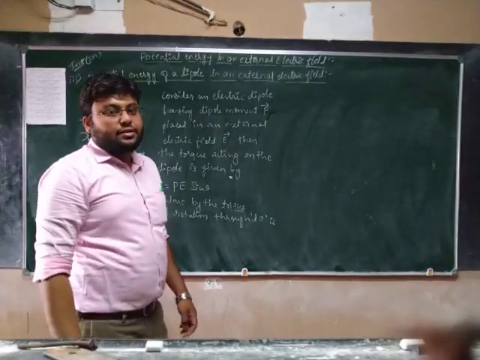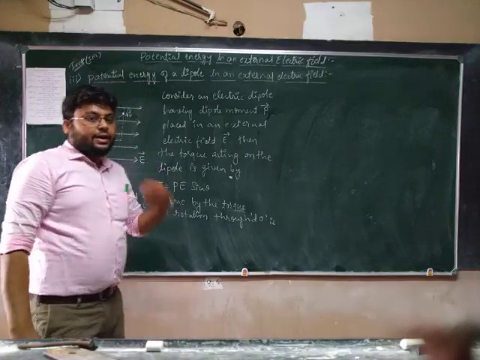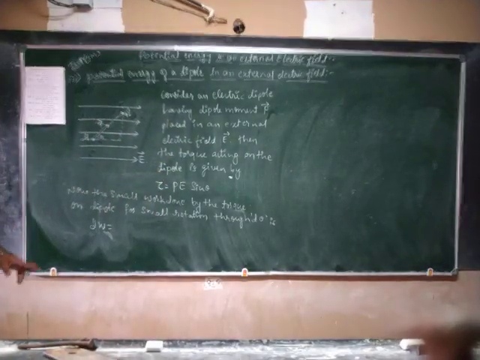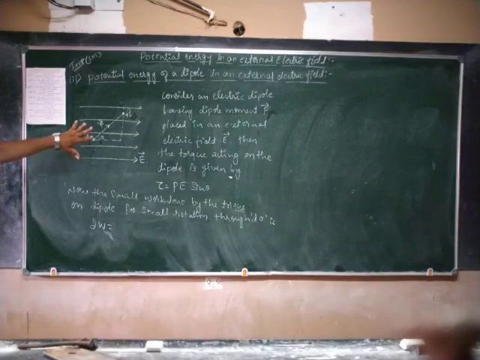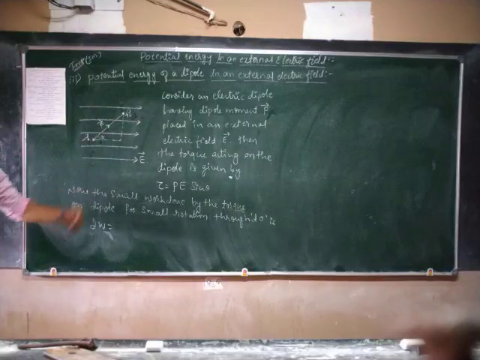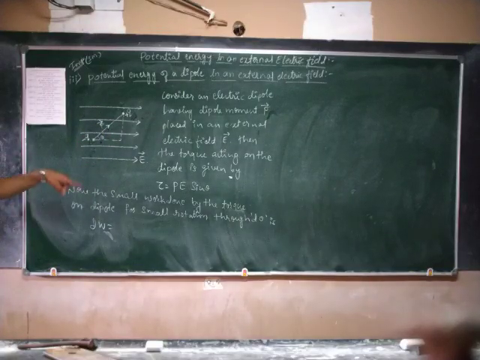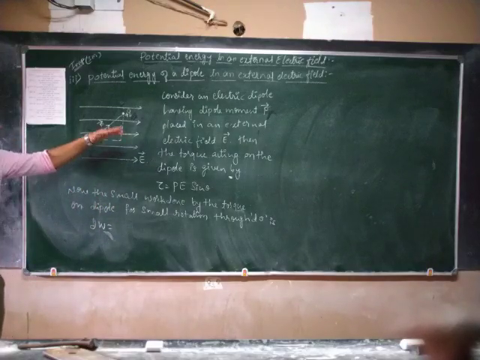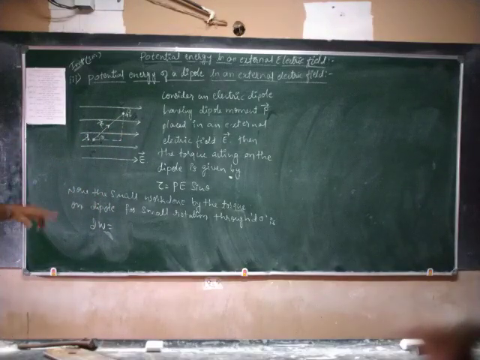Okay, in a linear motion case the work done is equal to force into displacement, but here we have the angular displacement. It is rotating in an electric field. So here the force which is responsible for the angular displacement is called torque.